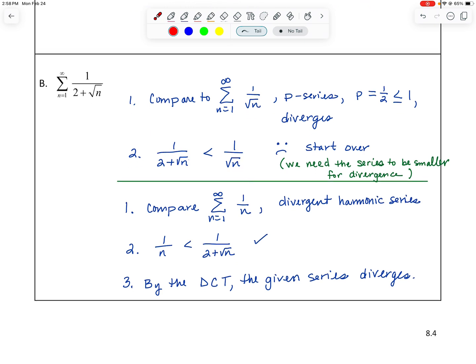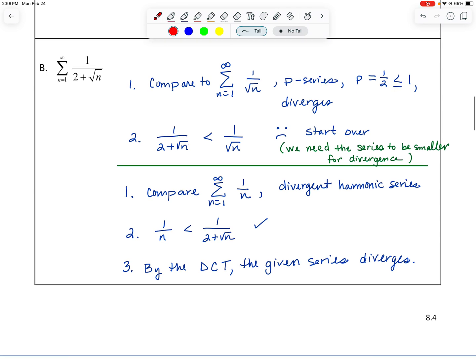So how about if we just compare it to 1 over n, which is a divergent harmonic series. You can also use the p series test to prove this, where p is equal to 1. So we know that it diverges. And 1 over n, in this case, happens to be a smaller fraction than 1 over 2 plus square root of n when you plug in values of n.